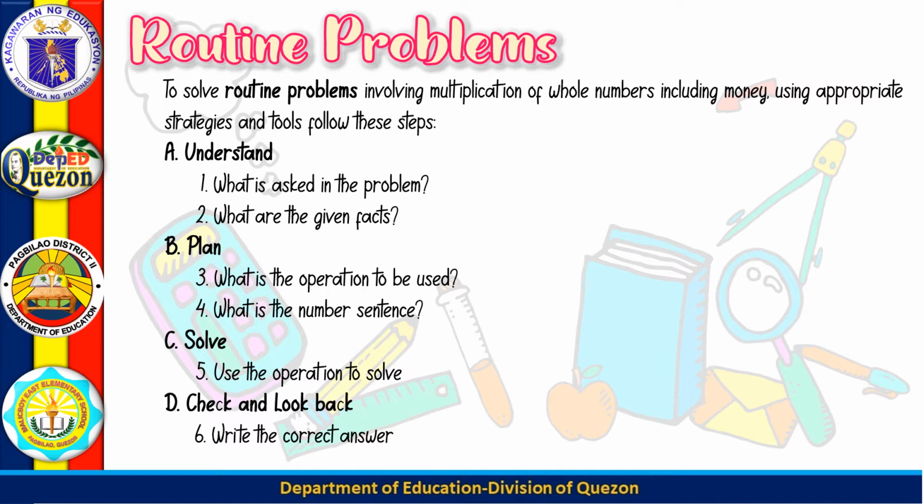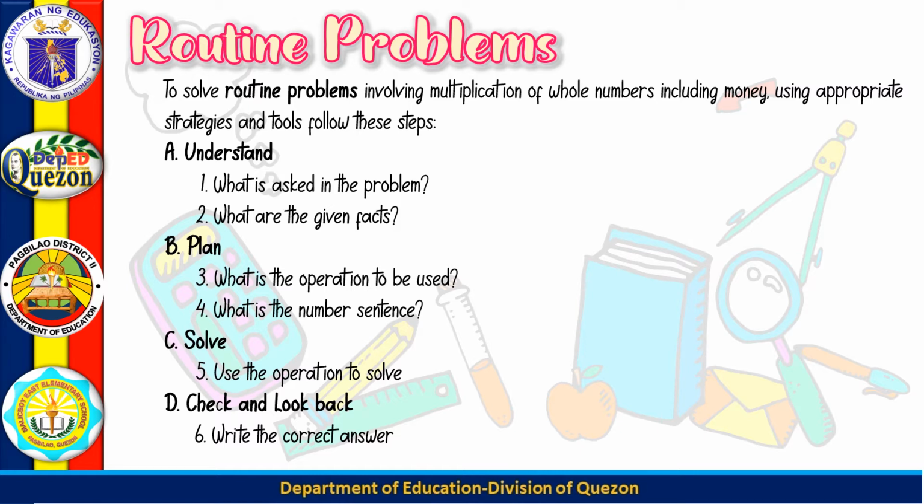First, understand. What is asked in the problem, and what are the given facts. Second, plan. What is the operation to be used? And what is the number sentence?